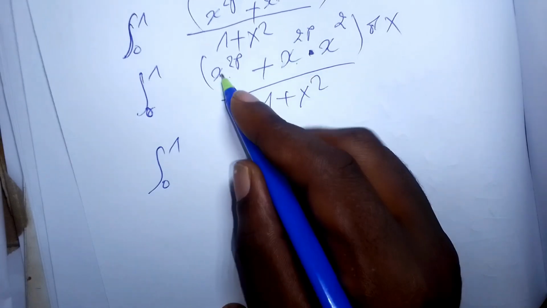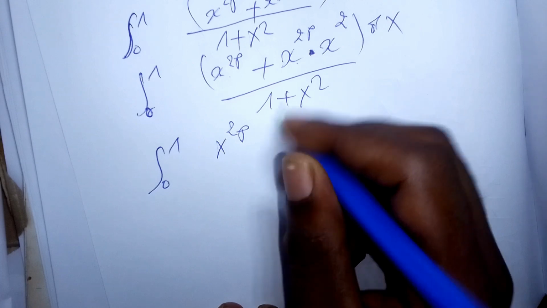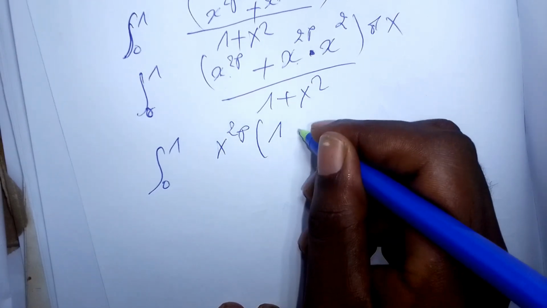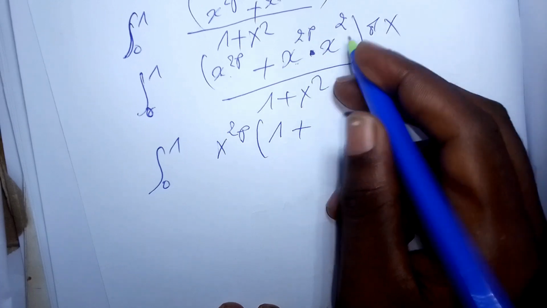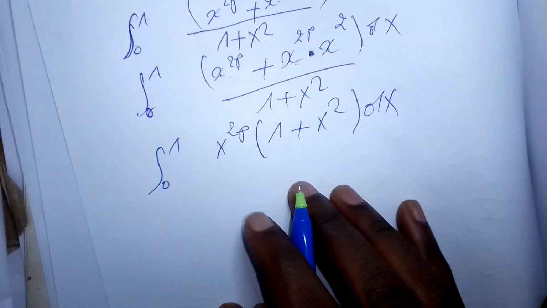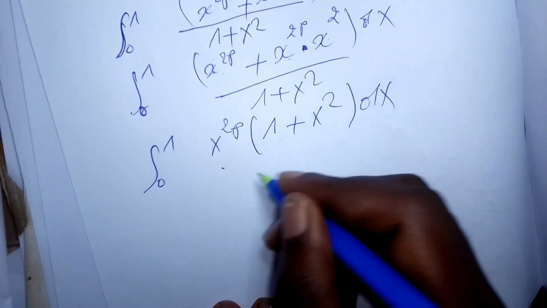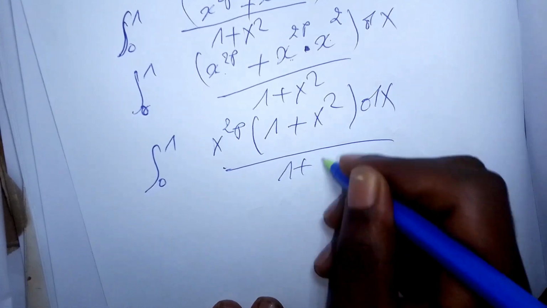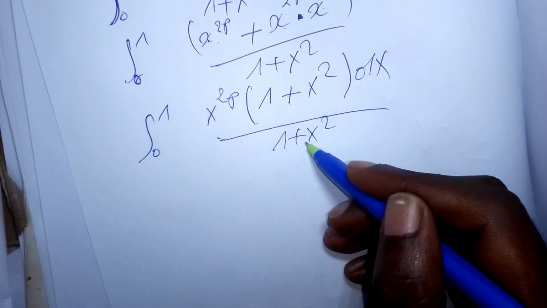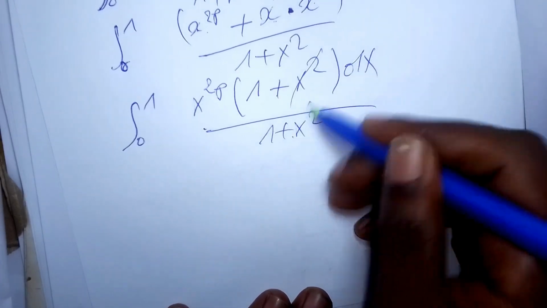We have x power 2p factored out, and here it will remain with 1 plus x square, dx over 1 plus x square. As you see, this and this are the same, so they cancel each other.